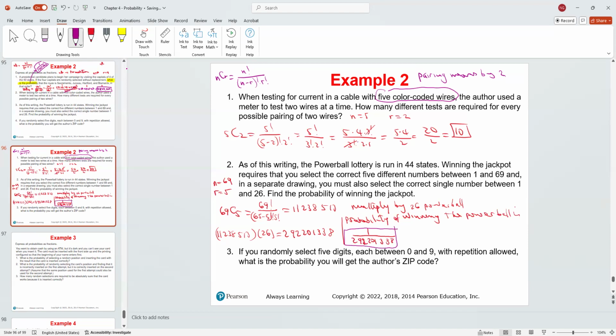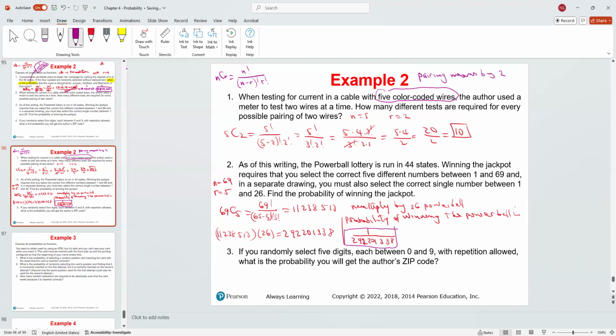The probability of winning the jackpot is one out of that number. So your odds are about one out of 292 million. Just respect whoever wins the Powerball already.